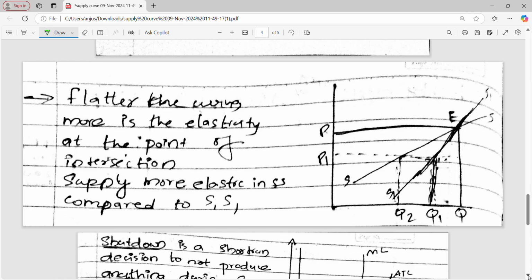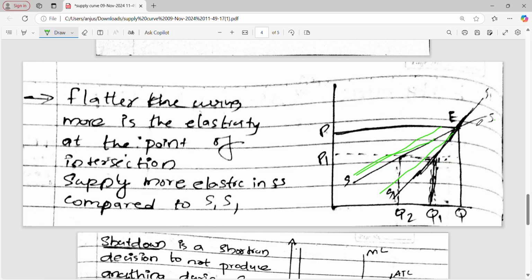Next is, flatter the curve, more is the elasticity. Okay. So after this is the point of intersection. Beyond that, before that, this SS is more elastic. Okay. Because you can see it is more flatter. Sorry, mine is not that like a line. This is more flatter. So this is more elastic SS.